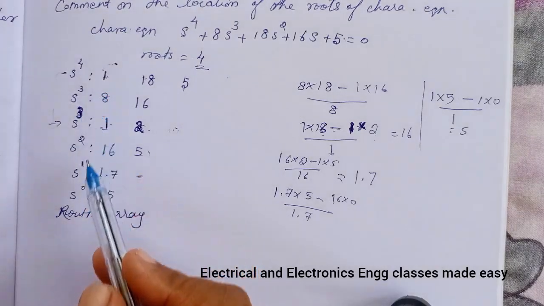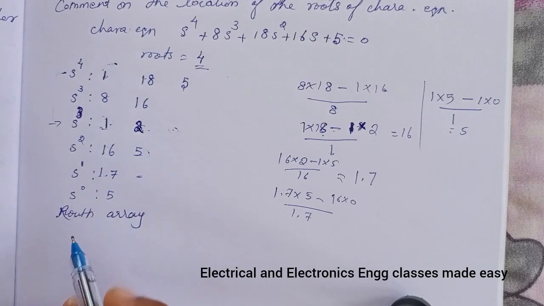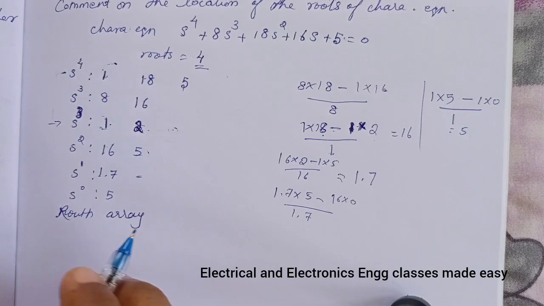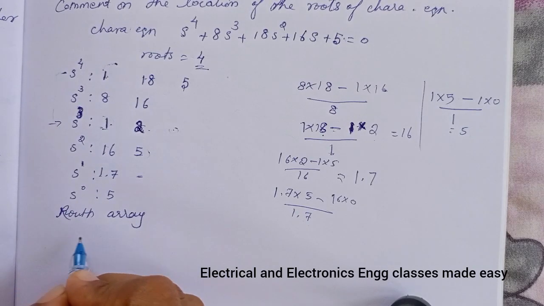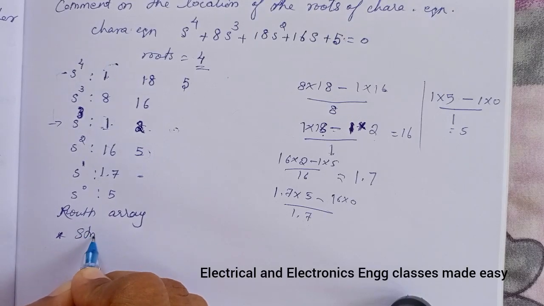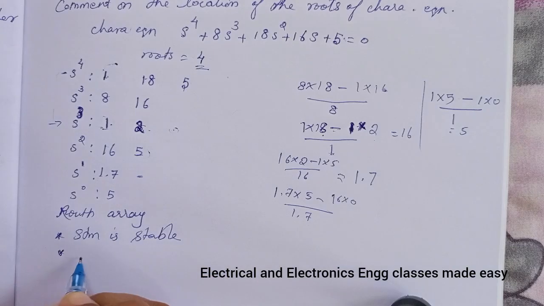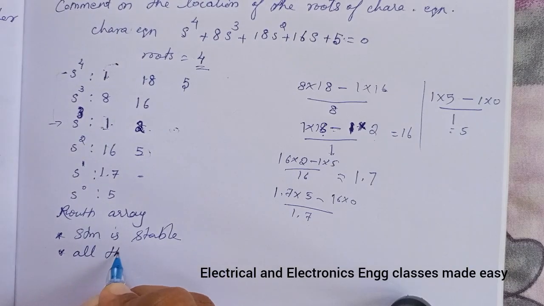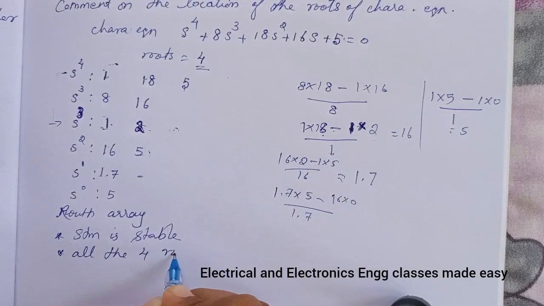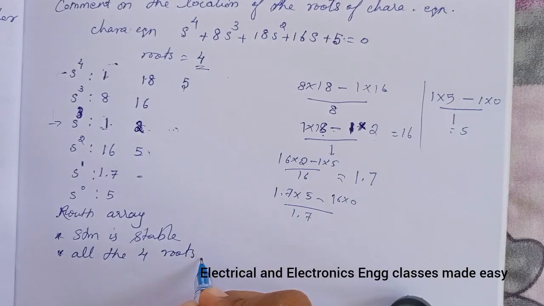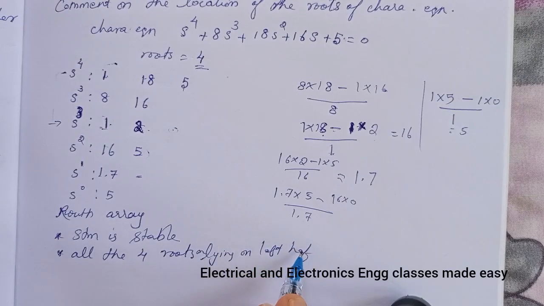Hence, all the roots are lying on the left half of the S plane and the system is stable. So, the system is stable and all the four roots are lying on the left half of the S plane.